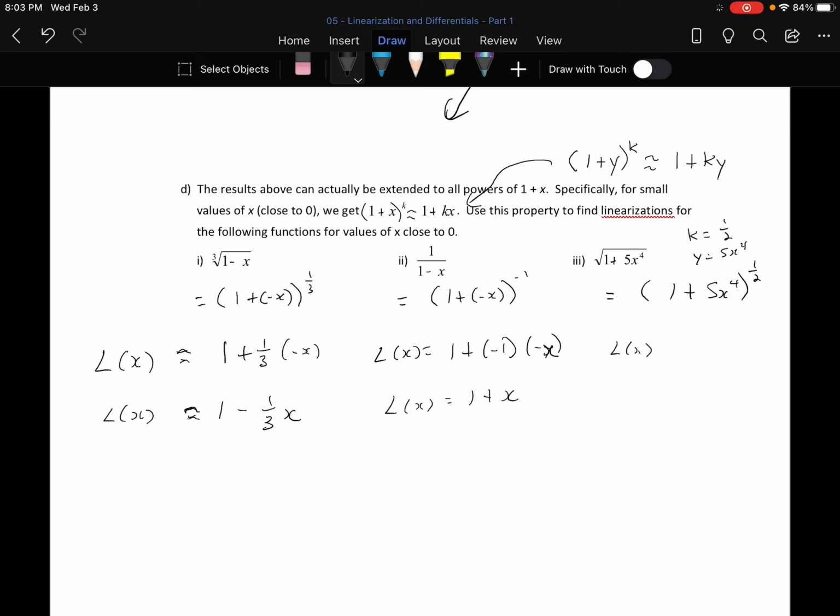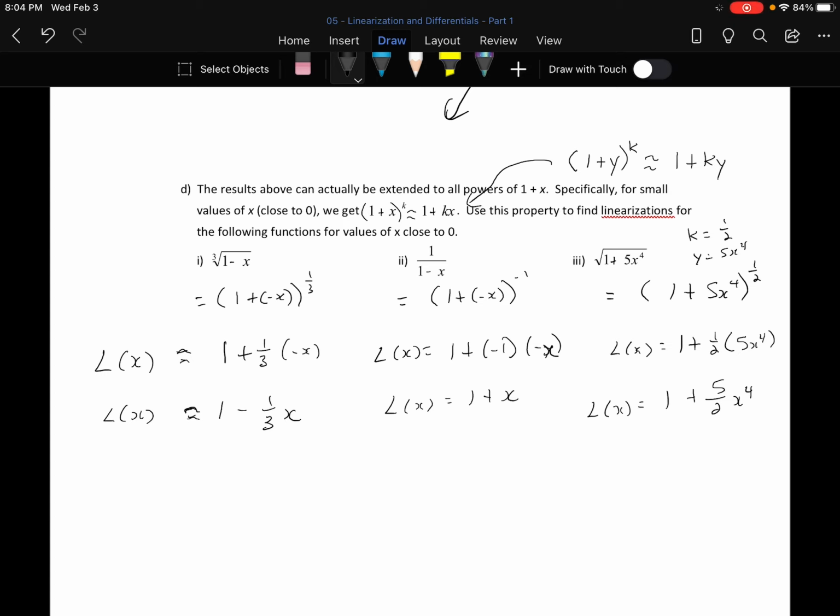So my linearization is 1 plus the k value, 1/2, times the y, which is the 5x to the fourth. And so I get a linearization of 1 plus 5/2 x to the fourth. That nicely dealt with it without having to do anything too crazy. So that's a nice result.